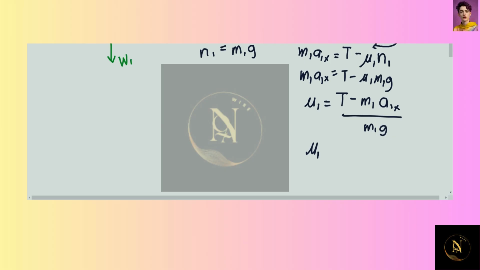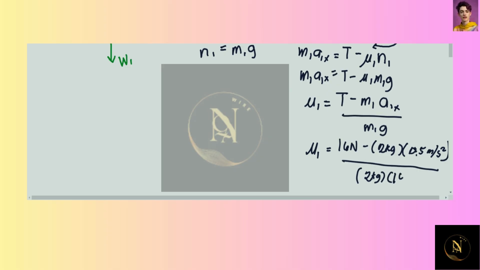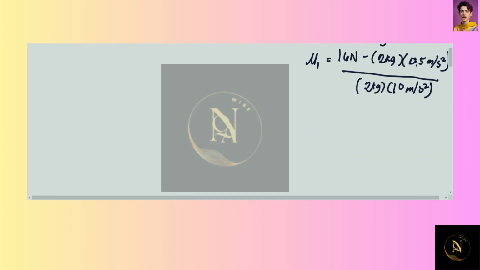Then mu1 is equal to 16 newtons minus this quantity, 2 kilogram multiplied by 0.5 meter per second squared, over 2 kilogram multiplied by the acceleration due to gravity, which is 10 meter per second squared. Solving this equation, the answer is 0.75 for mass 1. This is the friction coefficient.